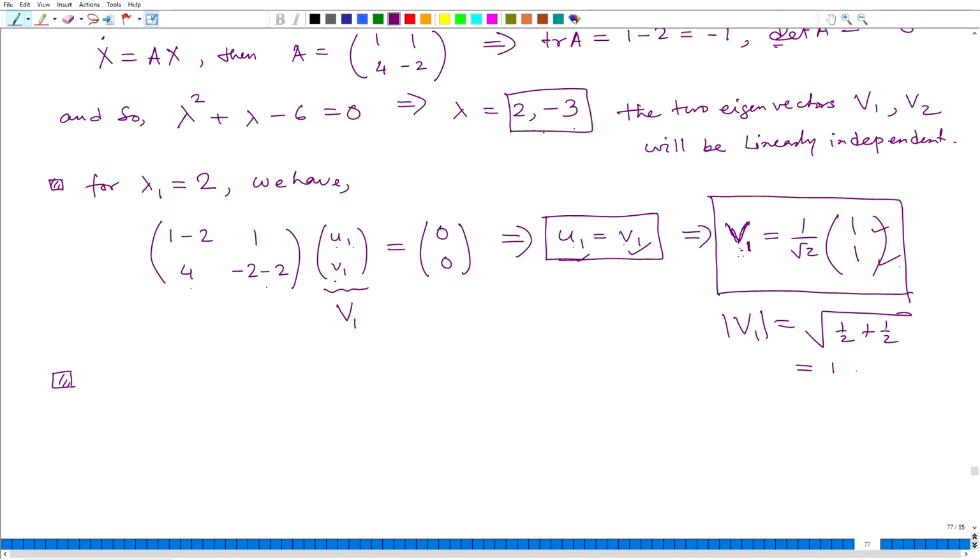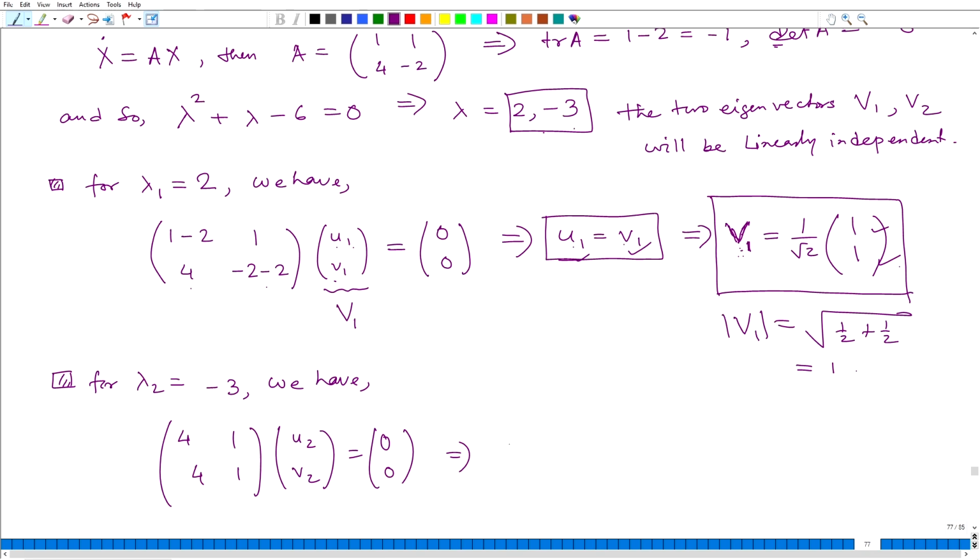Now, for lambda 2 equal to minus 3, we have similarly [4 1; 4 1] times u2, v2 equal to 0, 0, and from that you can again construct a normalized eigenvector, which is given by 1 over root 17 times [1 -4], because here the constitutive relation becomes 4 u2 plus v2 equal to 0.